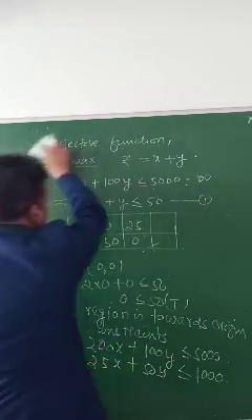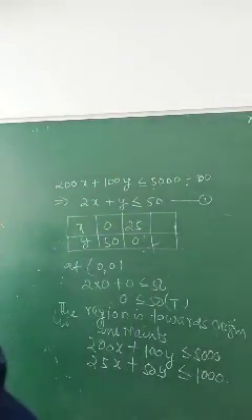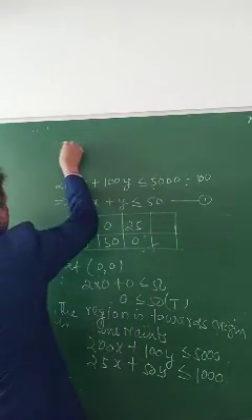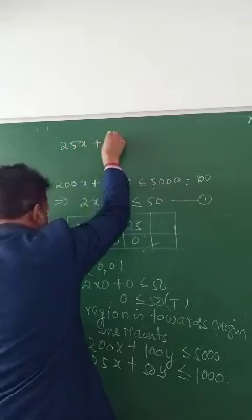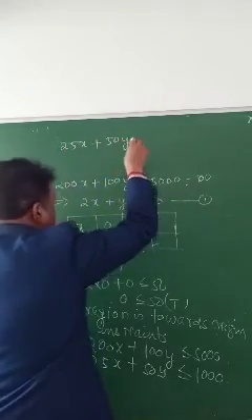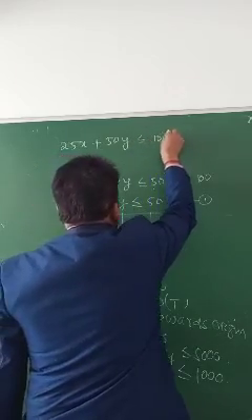Go to the second linear constraint: 25x plus 50y less than or equal to 1000.